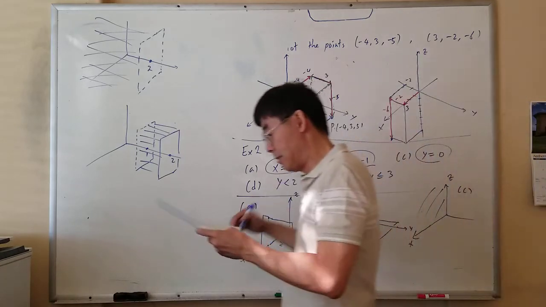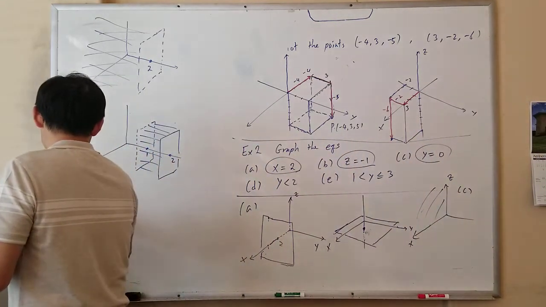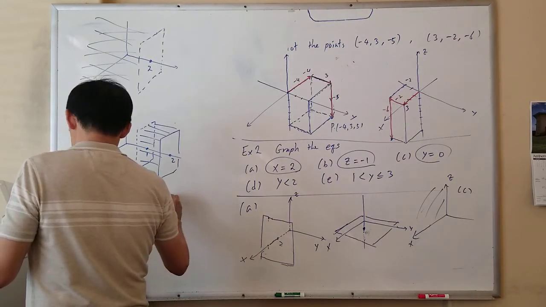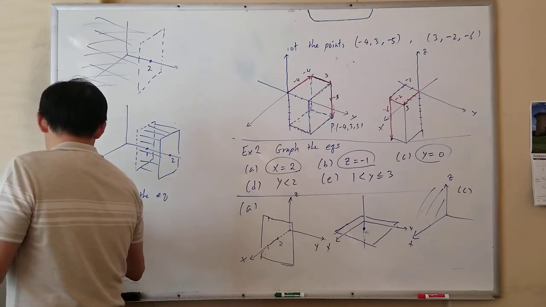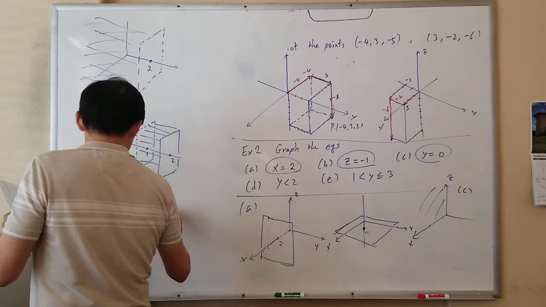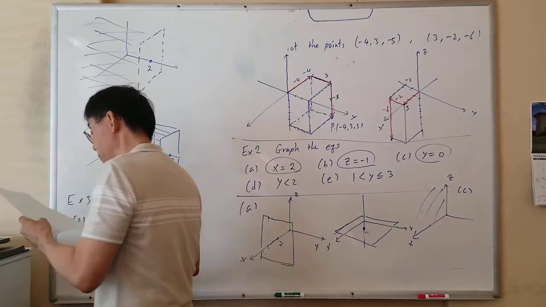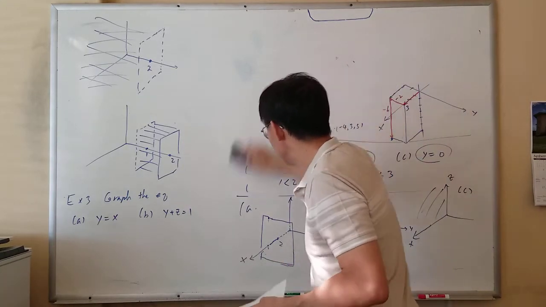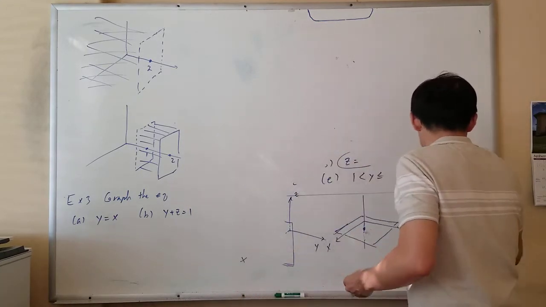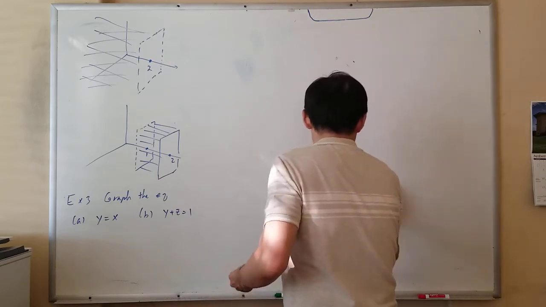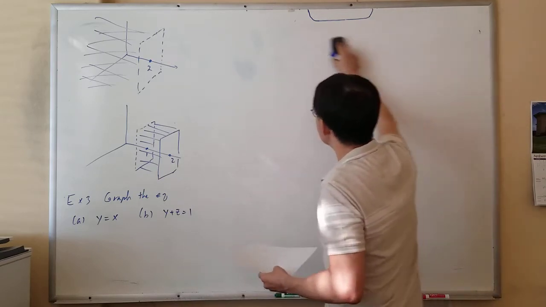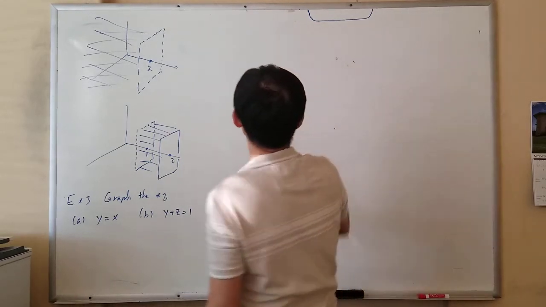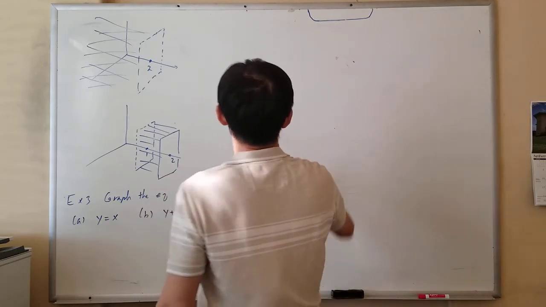Alright? Now, what about example 3? Graph the equations: A, y equals x, B, y plus z equals 1. Now, in the xy plane, where should I put the line?